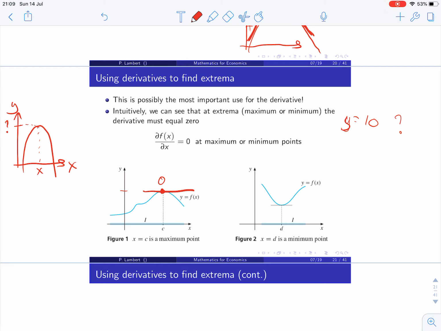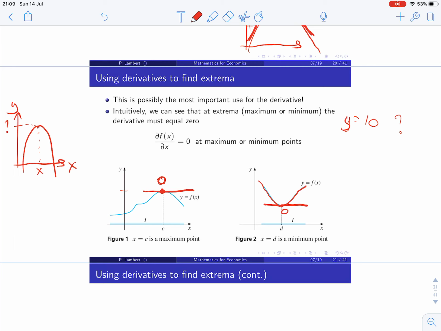Right? The point at which we are no longer increasing, but we've only started to decrease instantaneously, is going to be the maximum. Or likewise, if we find a derivative of 0, the slope of the line is 0, again that's true of a horizontal line, we also might be at the minimum point. We might have just stopped decreasing and we're about to start increasing. The derivative at that point is 0.